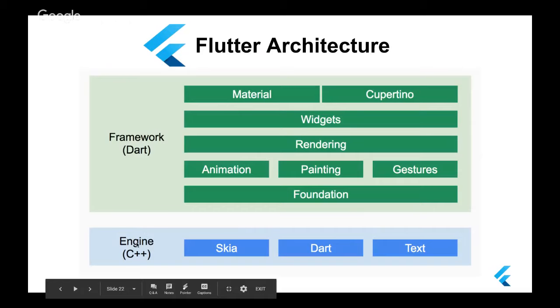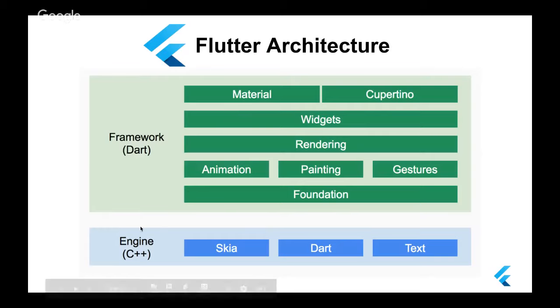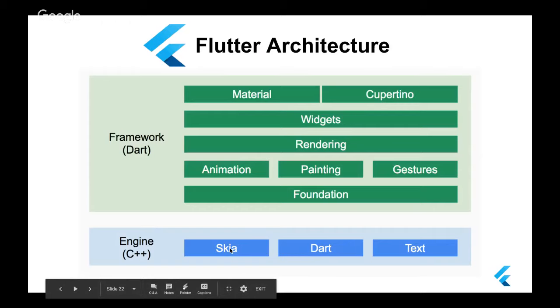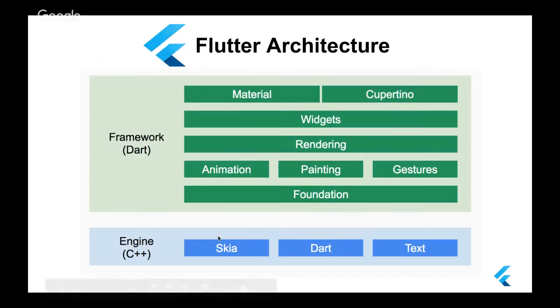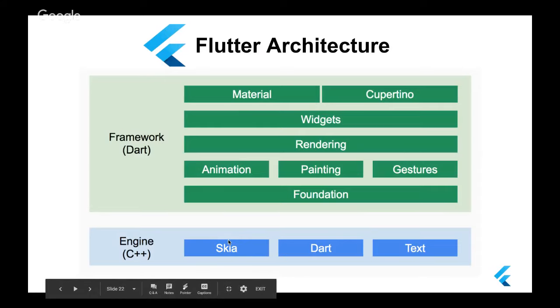It's written in C++, and we know that C and C++ have great performance for developing applications. It also uses the Skia engine, the best open source 2D engine, which Chrome uses in its browser. Firefox uses Skia in its browser, and even Android uses Skia to render the canvas and render objects on the screen.